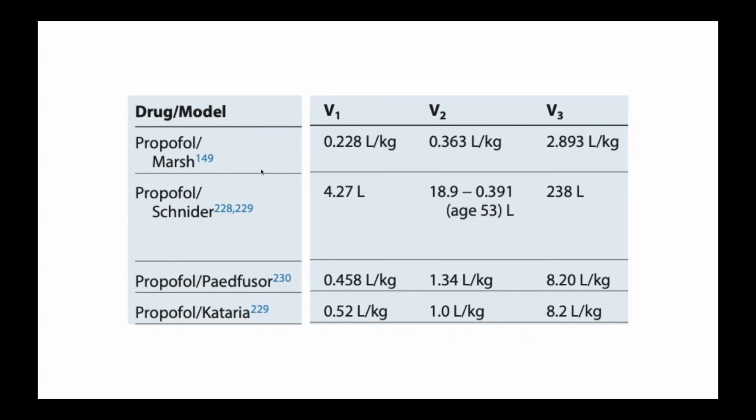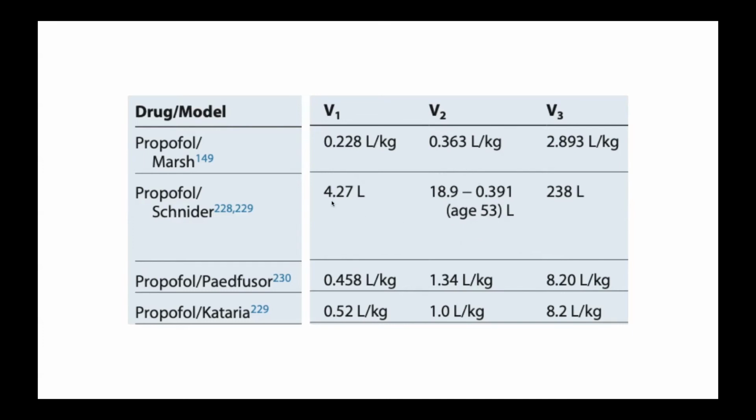What you notice is that with the Marsh and with the Pediatric, they are all varied by weight. So V1, V2, V3 are all varied by weight. The Schneider model has V1 and V3 fixed, and only V2 is varied by age.